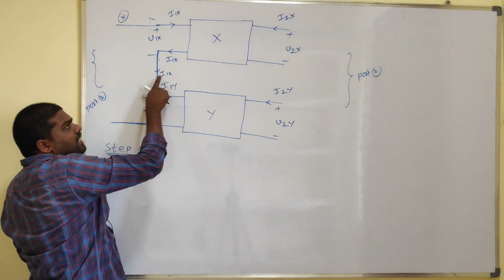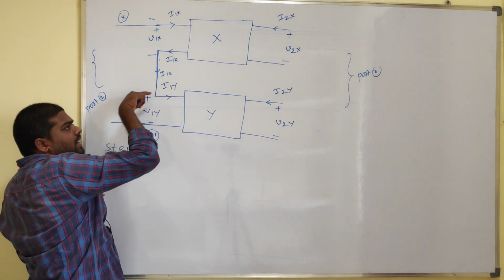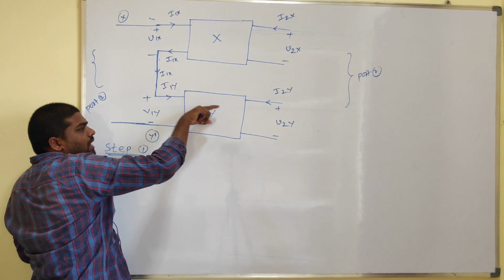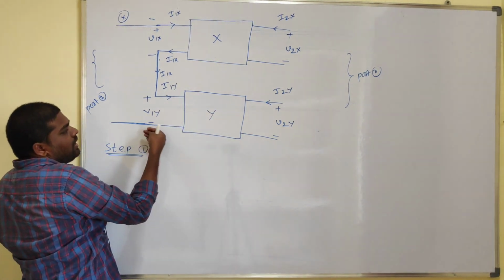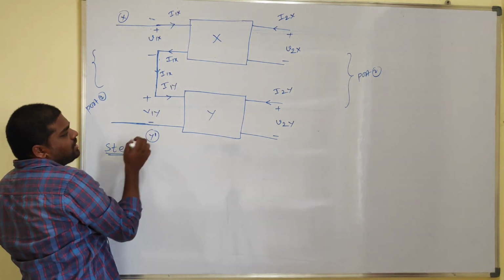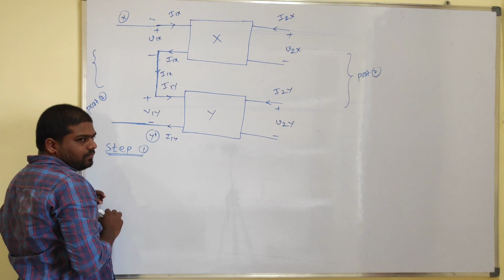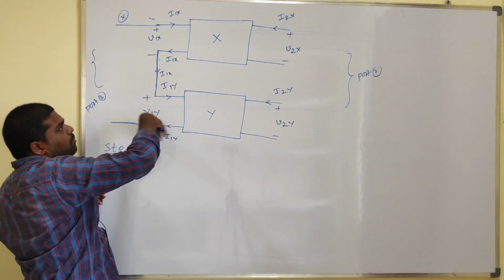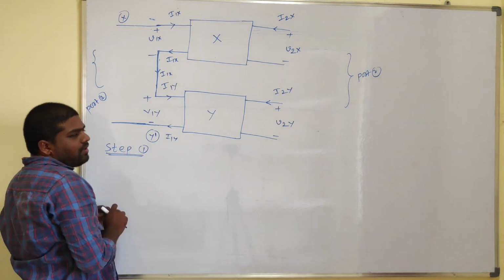That means I1x equals I1y. So I1y current enters the Y two-port network, and the same amount of current leaves through this Y dash terminal. That means the current equals I1y. From this port 1, we can conclude that I1x equals I1y.